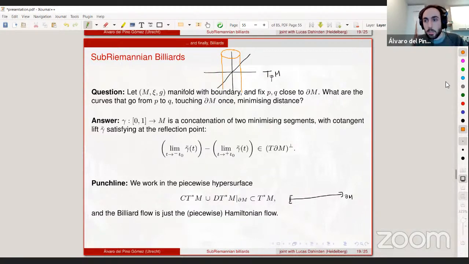And now what can happen is you have a trajectory here. So here on top of the manifold, we have this cylinder bundle. So this I'm going to call the cylinder bundle over M. Oh, sorry, this is not the tangent bundle, right? I'm doing everything in the cotangent bundle.